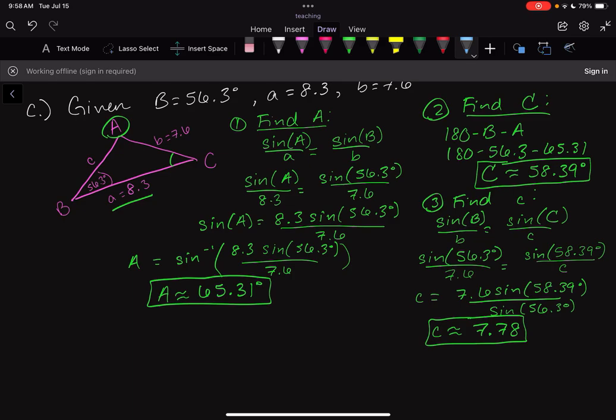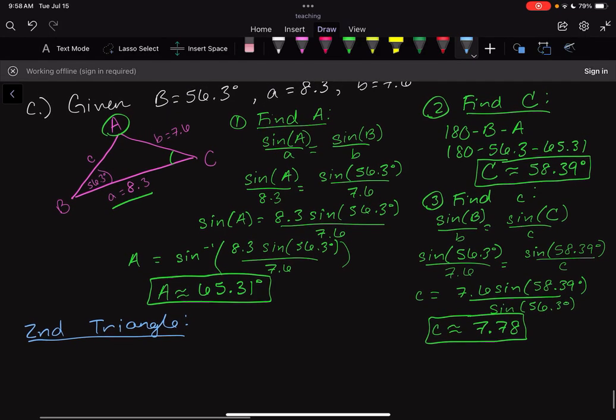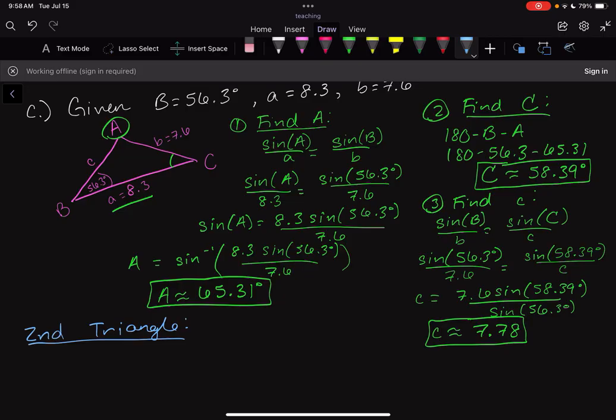All right. Now let's go ahead and do my second triangle. And so again, for my first new angle, my first angle that I found for the first triangle was A. So right now I'm going to find my A2.